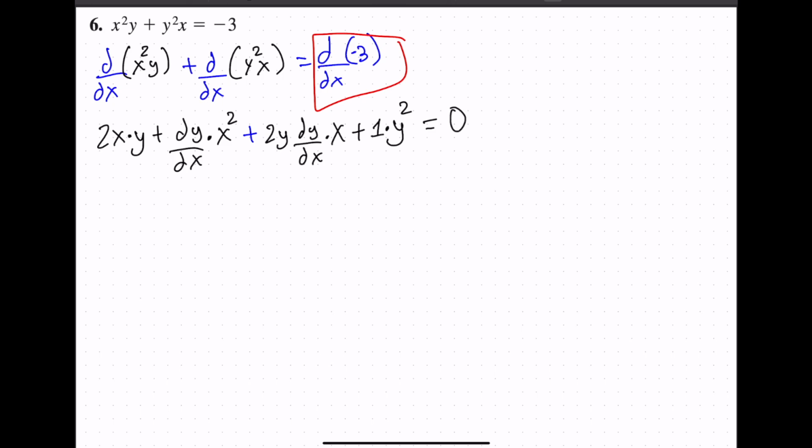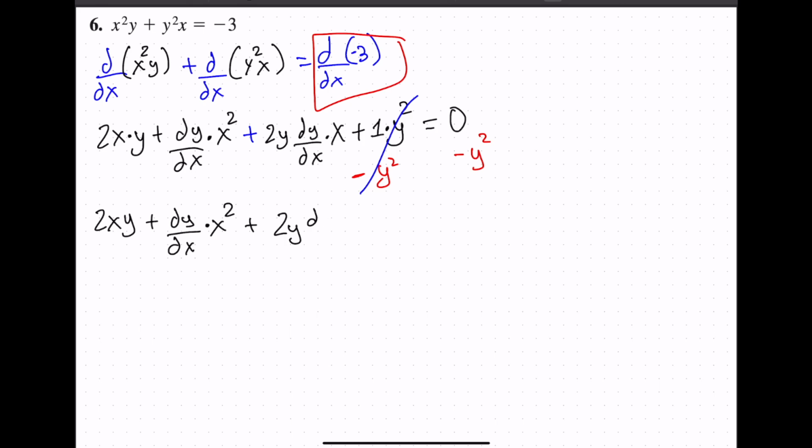And now I have my like terms. I would like to move as much as I can. So I'm going to start by moving y squared over to the other side. So this one cancels out here, and I have 2xy plus dy/dx times x squared plus 2y dy/dx.